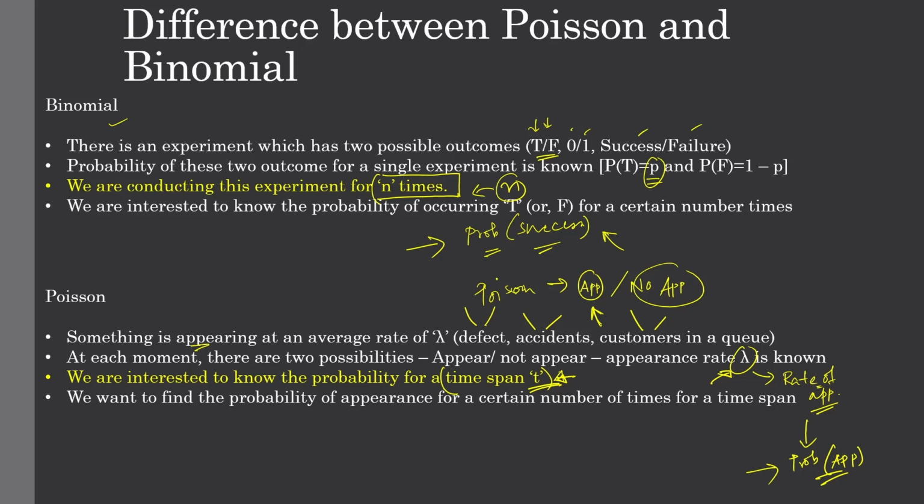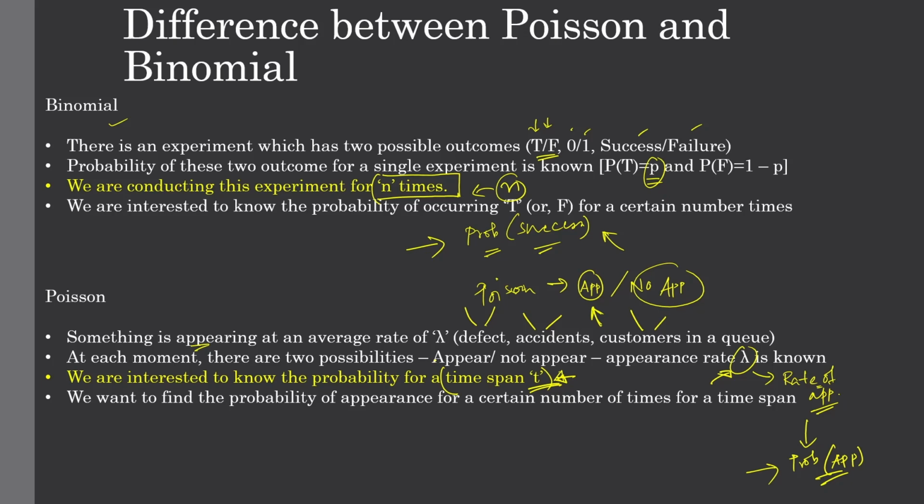For Poisson distribution. So do you understand this? Please think about this and listen to it repeatedly. I am telling you that in case of binomial distribution, we had another parameter which was n, the number of times the experiment has to be repeated. But in case of Poisson distribution, we don't have any kind of n.